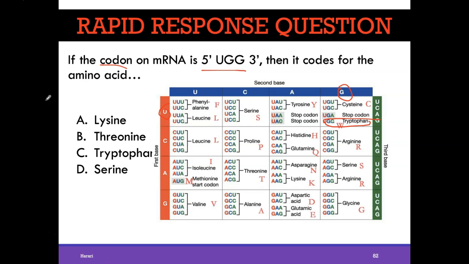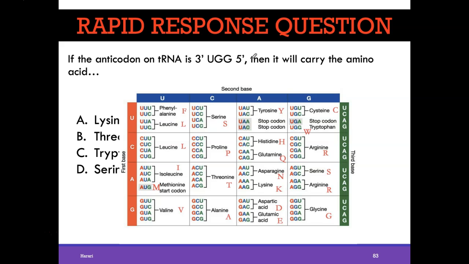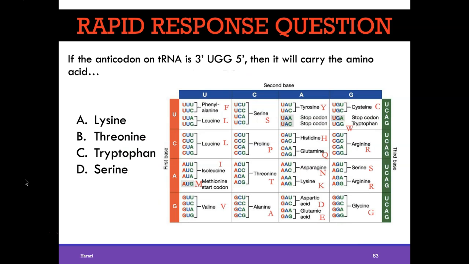So a codon table is very easy to use to look up codons. But if you're given an anticodon that's written 3' to 5', you can't use a codon table. This is a codon table, not an anticodon table. So to figure out what amino acid would be carried by a tRNA with this anticodon, let's figure out what codon the tRNA would recognize.